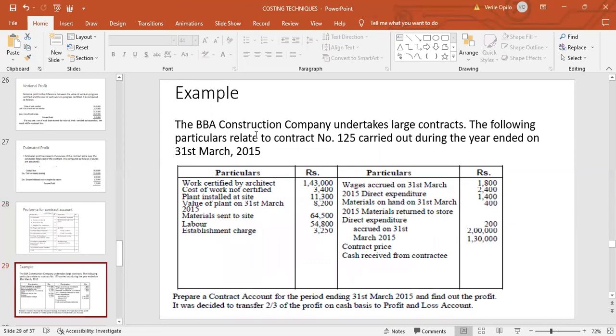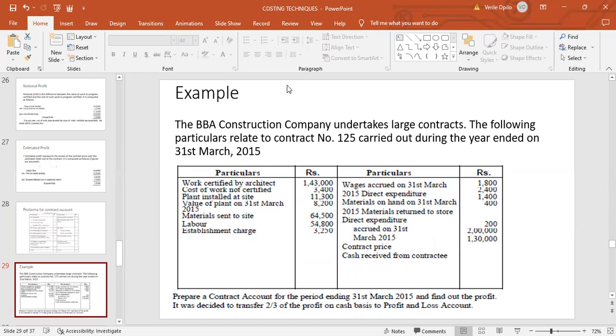So we are told that BBA Construction Company undertakes large contracts. The following particulars relate to contract number 125 that was carried out during the year ended the 31st of March 2015. The work certified by the architect is 143,000.